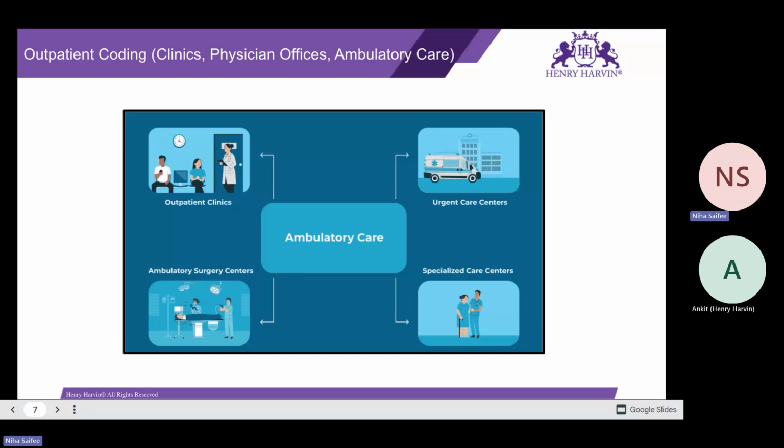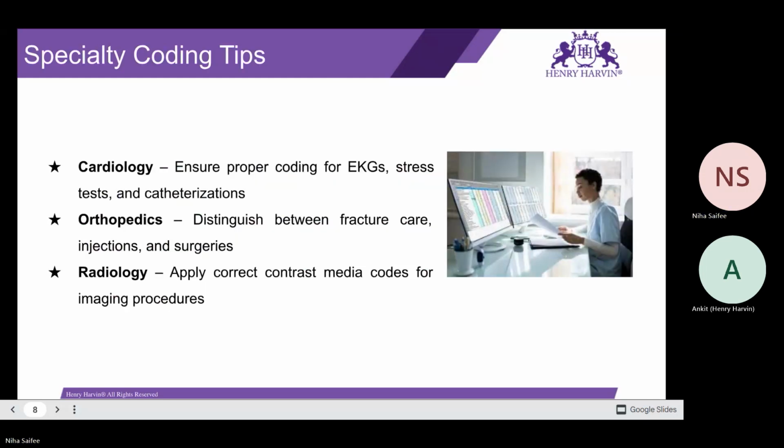After a certain period in the hospital, the patient still requires some assistance, so you can have specialized care centers where the patient can be placed. Ambulatory surgery centers and outpatient clinics. These are all your ambulatory care.